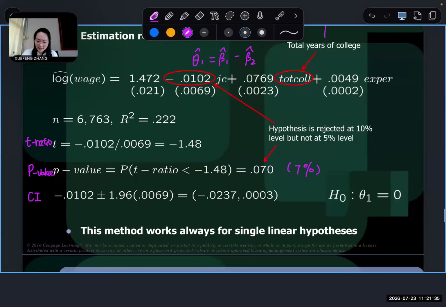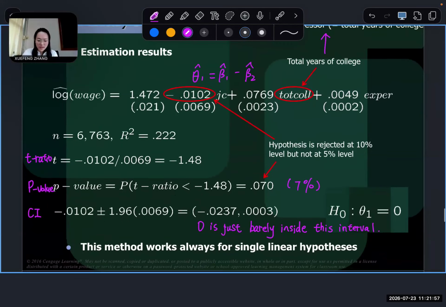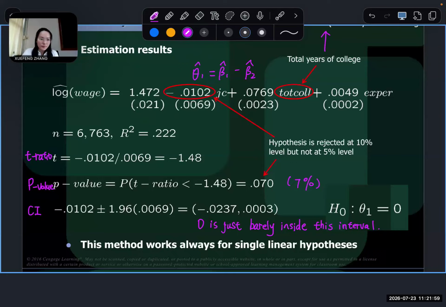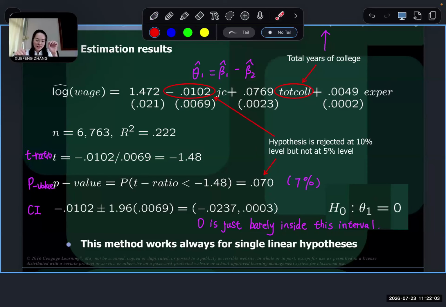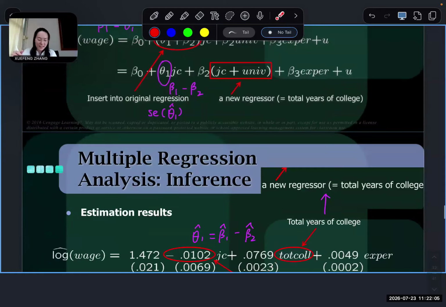So you can see that 0 is barely inside this interval.